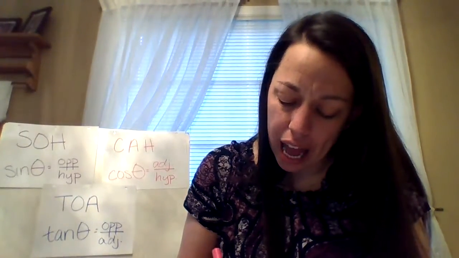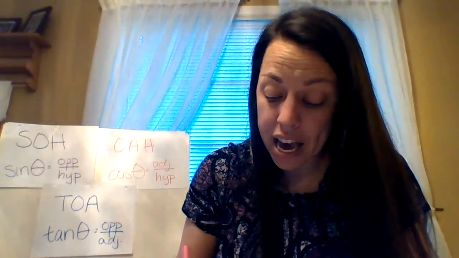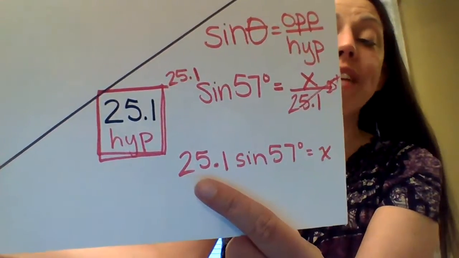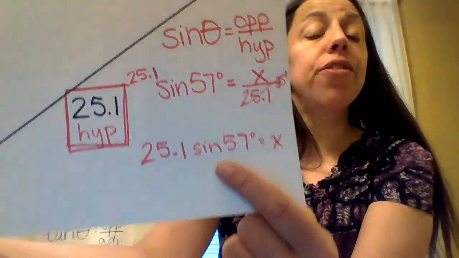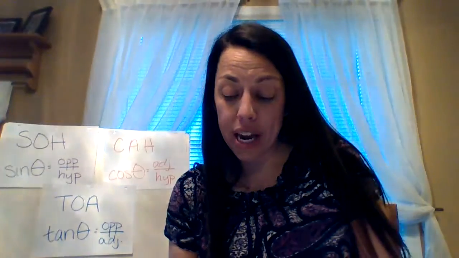On the other side, this is one of the times our calculators are very picky, and different calculators work in different ways. But it looks like we have to take 25.1 times the sine of 57. A lot of calculators will allow you to type it in this way.